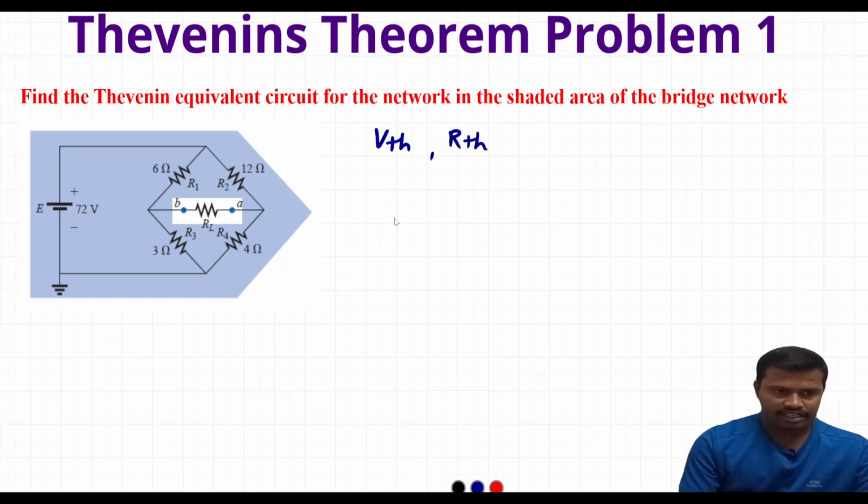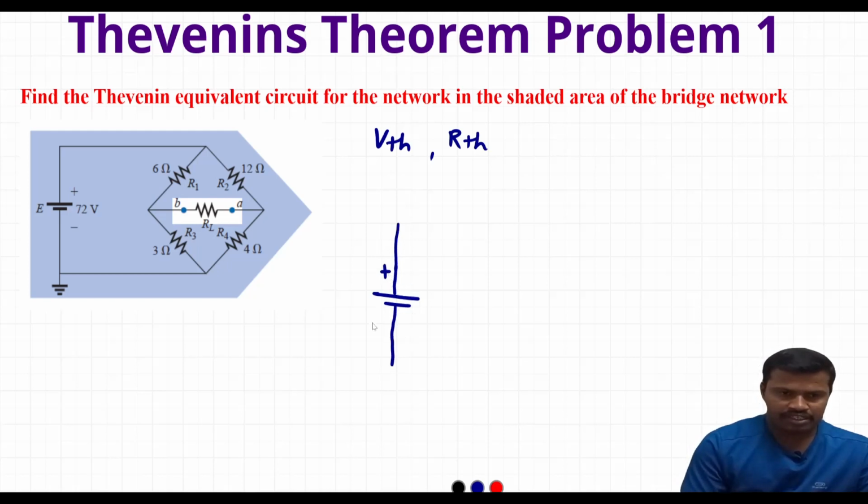For redrawing this, we will draw the voltage source as it is, the 72 volt voltage source.